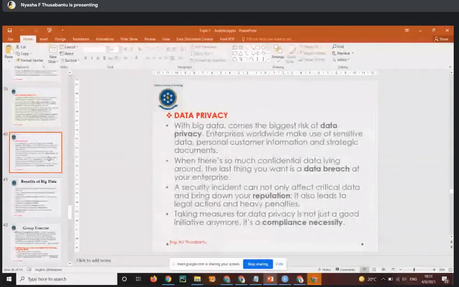Then data privacy. This is where the cybersecurity aspect of things comes into play. The reputation of the organization. You can be a very good analyst, but the organization says we want to do a rollover from SQL to Hadoop or from SQL to MongoDB or we now want to use Kafka or Flume or whatever. And you do that, and then they lose their data for some reason, or they are hacked if it's a bank.